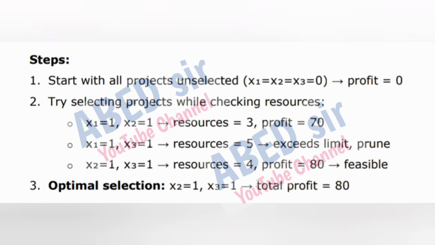Steps. 1. Start with all projects unselected. x1 equals x2 equals x3 equals 0. Profit is equal to 0. 2.